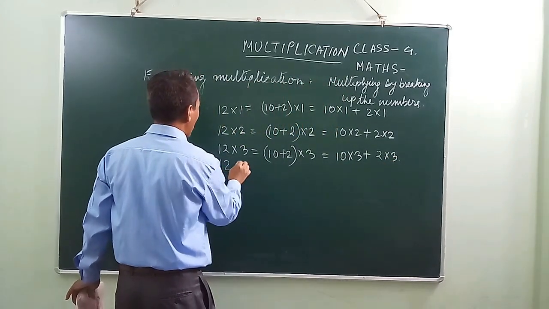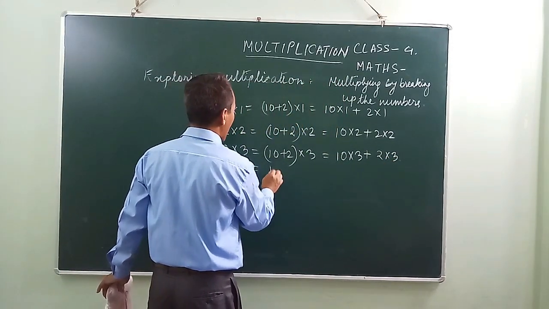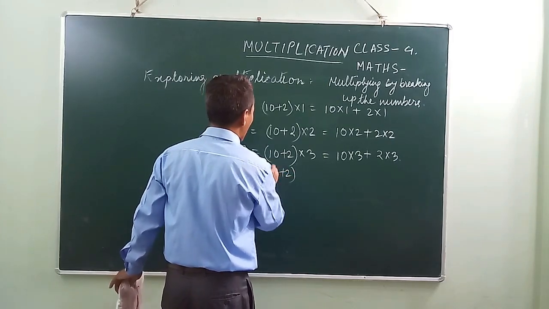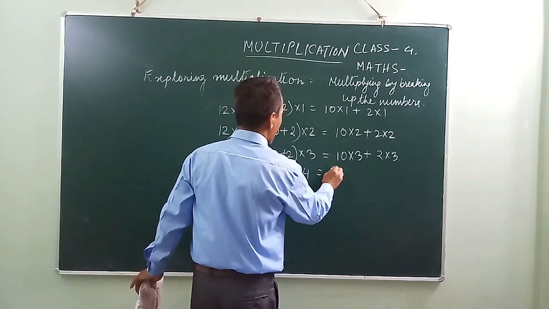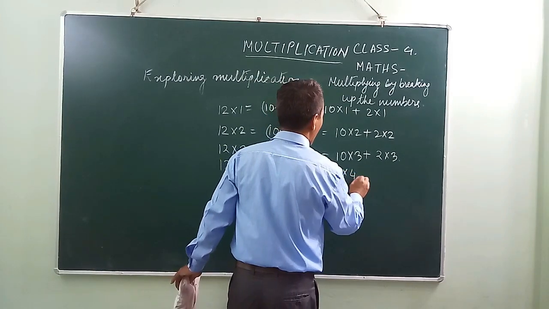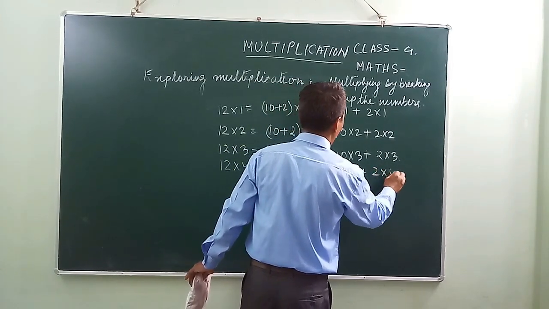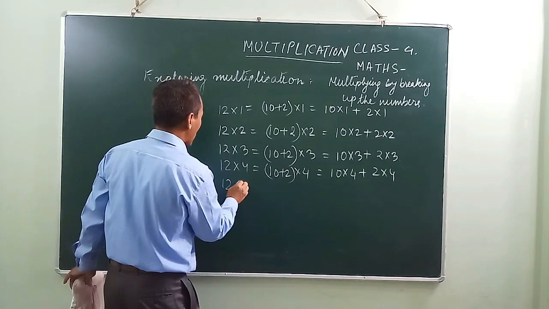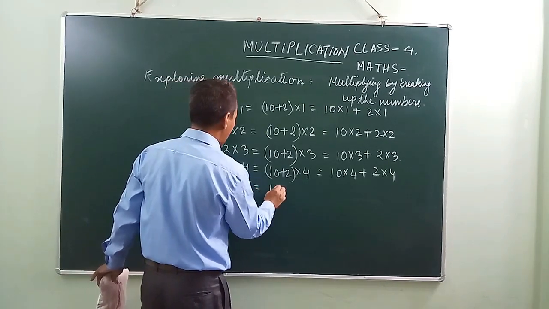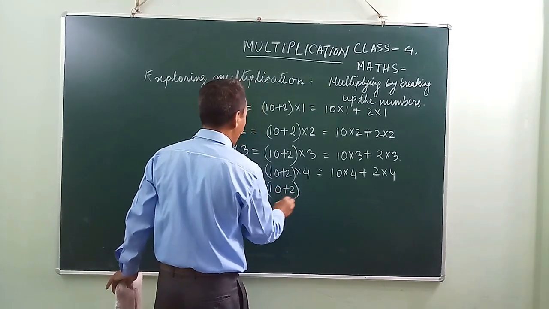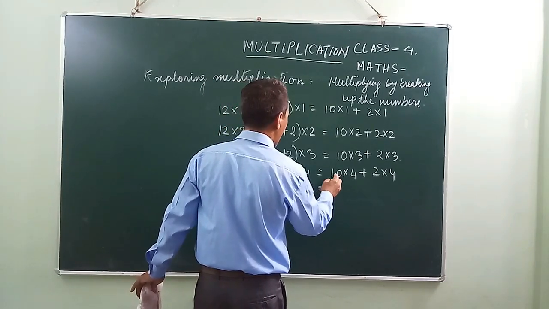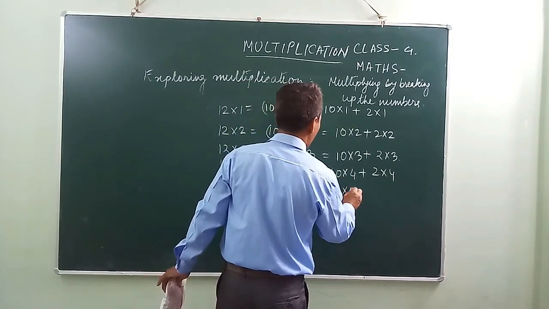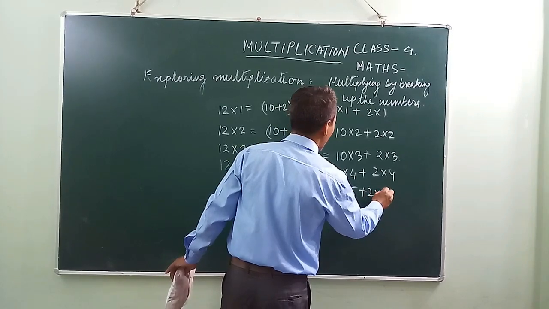So 12 into 4 is equal to 10 plus 2 into 4. So 10 into 4 plus 2 into 4. 12 into 5 is equal to 10 plus 2 into 5. 10 into 5 plus 2 into 5.